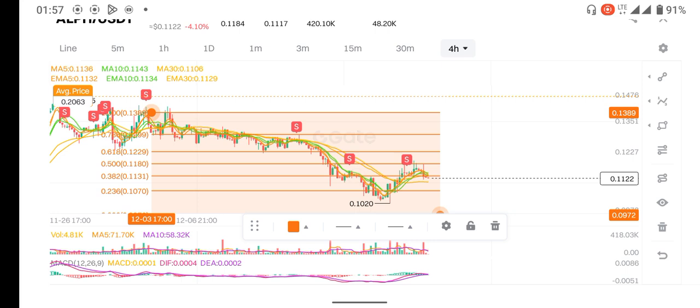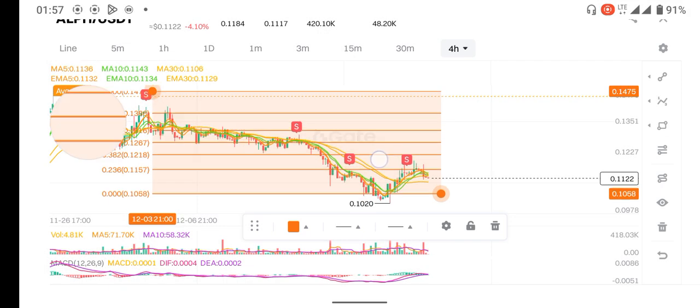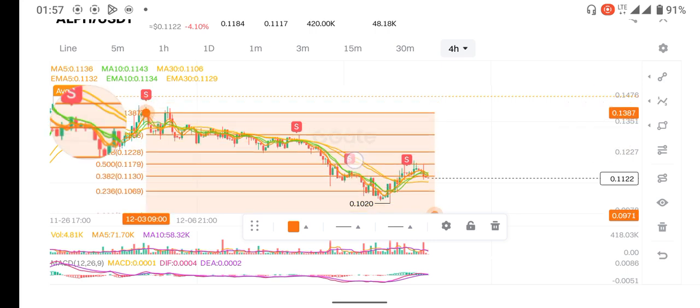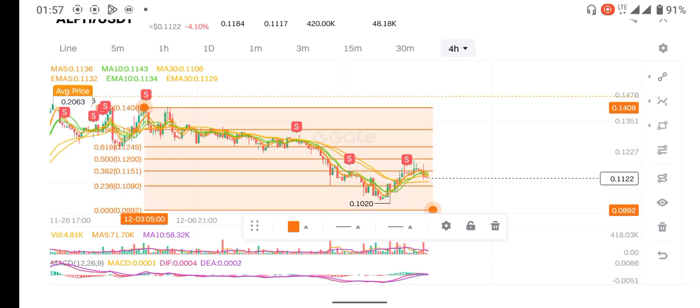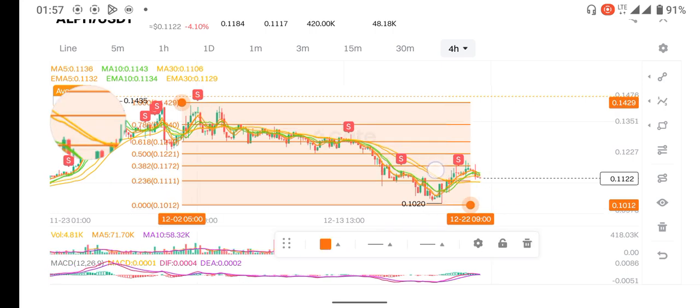With the Fibonacci retracement, let's just have a general estimate.